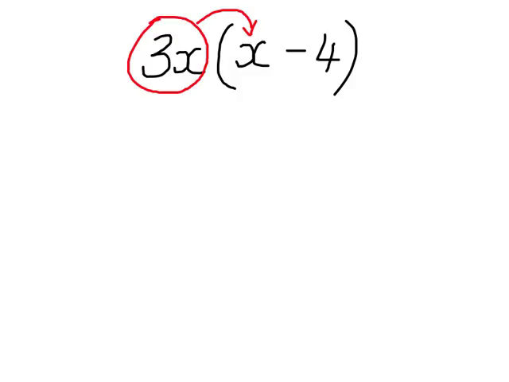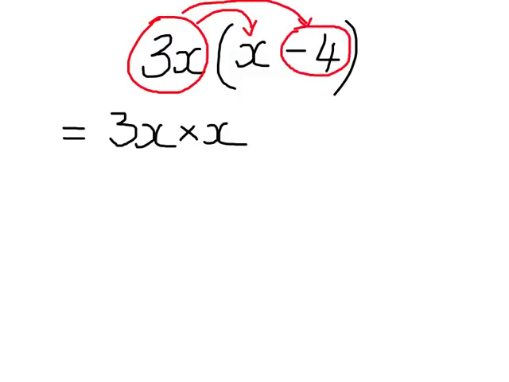So first of all, we've got 3x times x, so I'm going to rewrite it out differently. So 3x times x, and then we're multiplying 3x by negative 4, because we've got to take that symbol in front of that number, so it's the whole term.